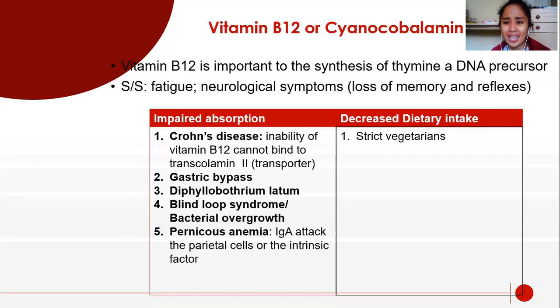So either it attacks the factory, which is the parietal cells, or it attacks the intrinsic factor itself. The other name of pernicious is dangerous kind of anemia. And it can lead to vitamin B12 deficiency which can result in megaloblastic anemia.